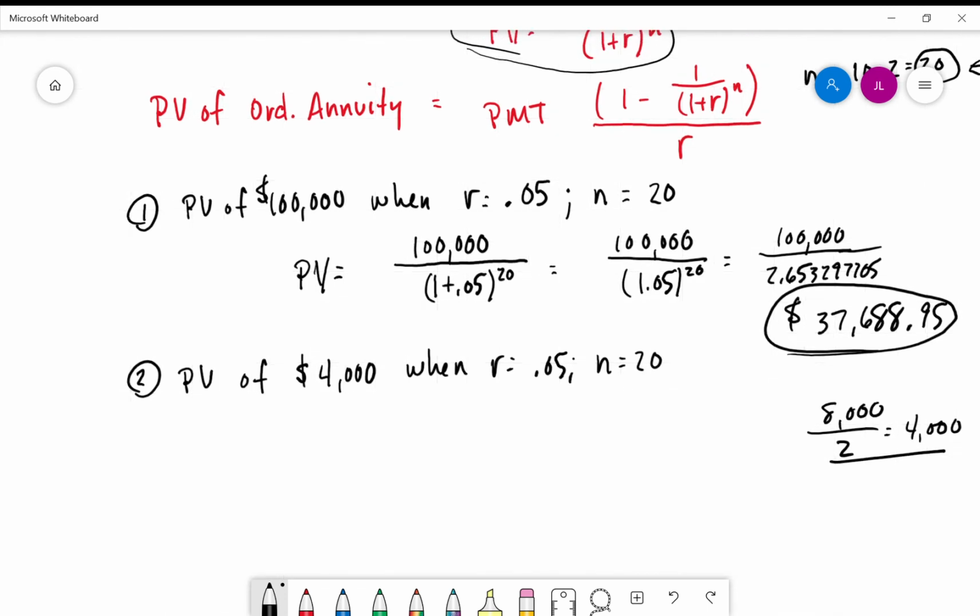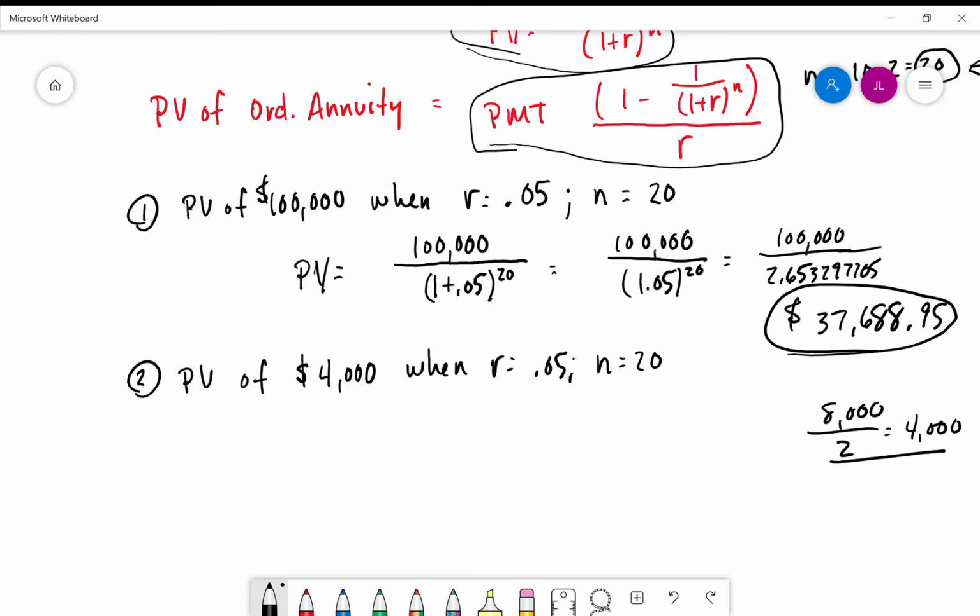Now, above we can see our present value of an ordinary annuity, or present value of periodic payments, because we, as the company, are paying this $4,000 every 6 months to whoever holds the bonds, or $100,000 worth of bonds, we should say.